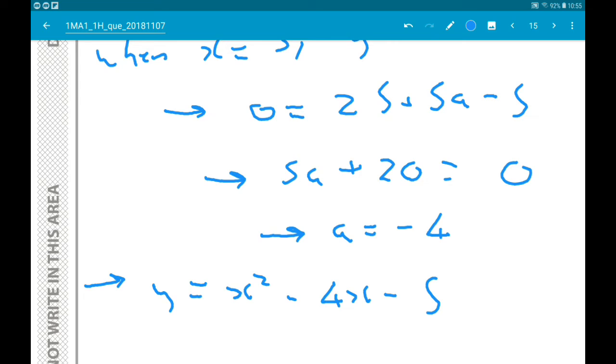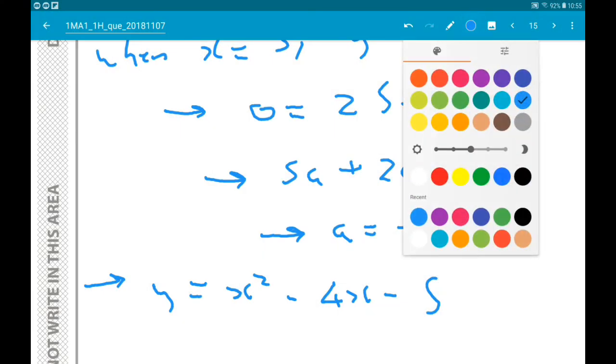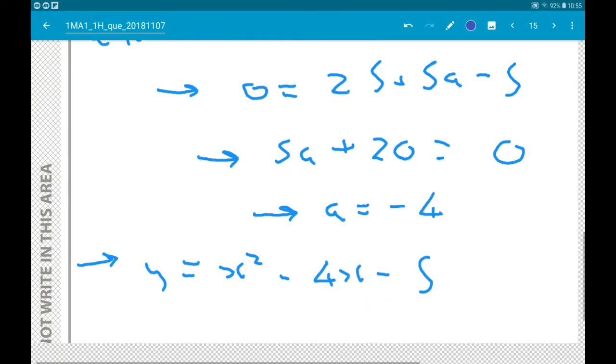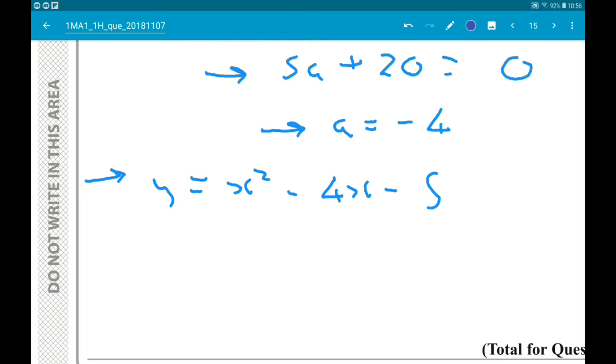So, if we write this in completed square form, we're going to get y is equal to x minus 2 all squared. Then we have the minus 5. And we also have to subtract 2 squared on the outside, so that's going to give us minus 4.